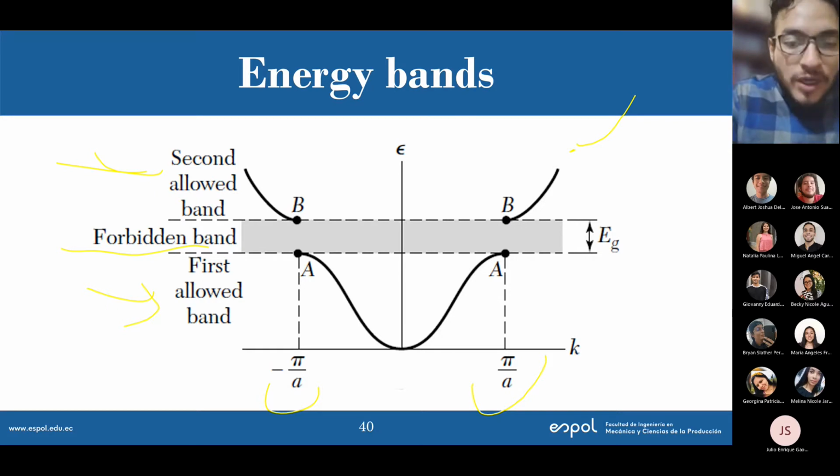Because if we're talking about the inverse of the wavelength, then k has units of reciprocal length, the inverse of length. Therefore, this concept that we've been talking about, the wave vector, is actually defined in reciprocal space.